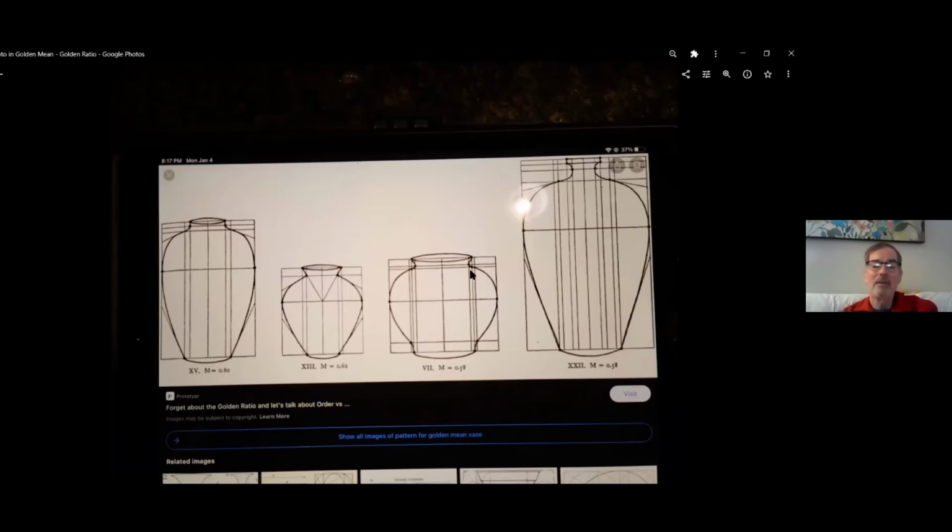Keep in mind this lip has been further subdivided into the inner part and the outer flare of the lip. Then you have things such as the height of the entire item compared to where the widest point is. These are the types of proportions that we can look at.